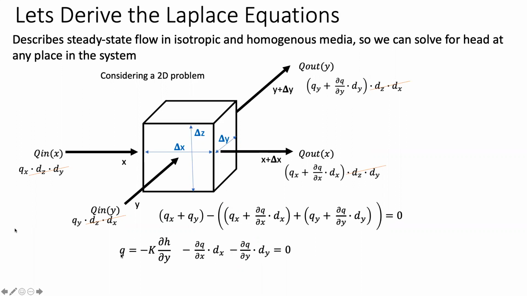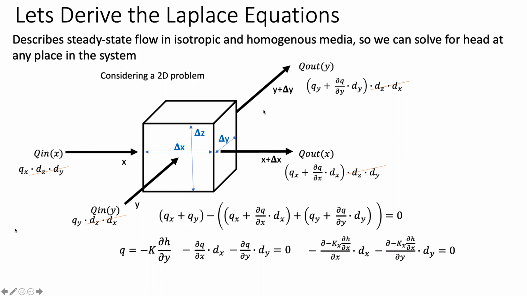Now we can, by this idea of substitution, use the fact that little q, that specific discharge, is equal to negative K times the change in H over the change in Y, or you can say the change in X, because all of these are a cube and they're exactly the same. So we can substitute this q into these different locations, and we end up with an equation that looks like this.